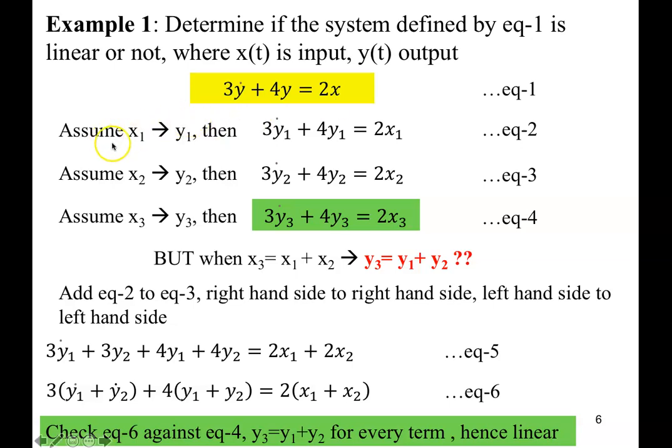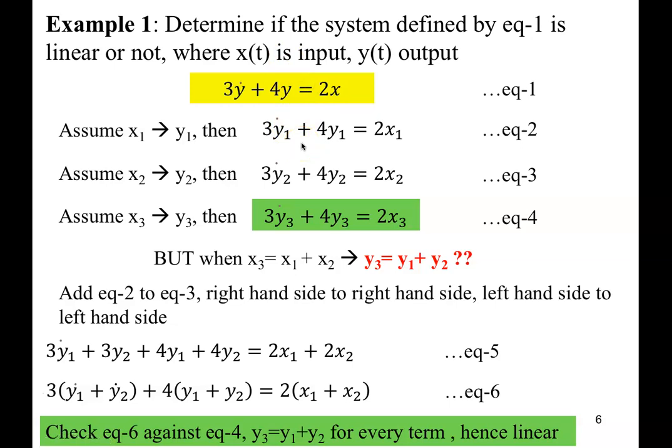Let's assume I apply an input x1 to that equation, and I get y1. That gives me equation number 2: 3y1 dot plus 4y1 equals 2x1.